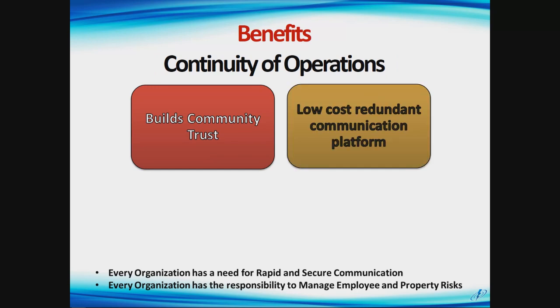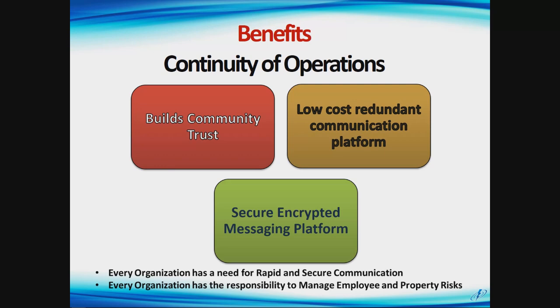We have a low-cost, redundant communication platform so that there is no single point of failure, and we provide secure, encrypted messaging platforms. So this is an overview of mass notification and some of the key benefits, and why it's important for you to consider this seriously for your organization.